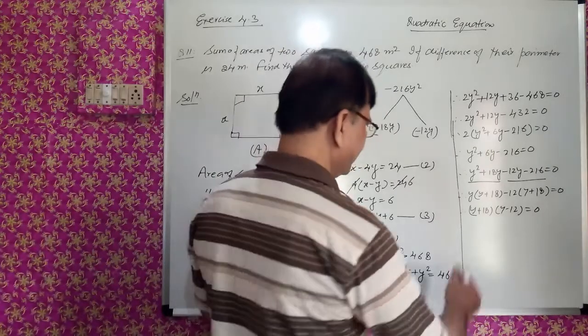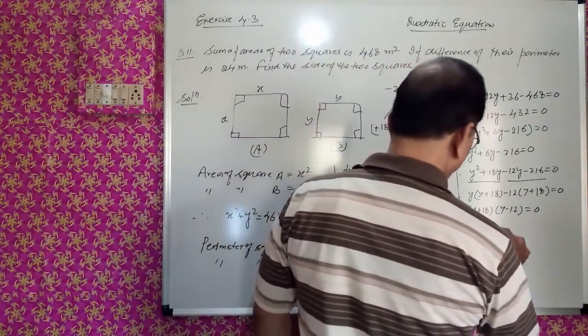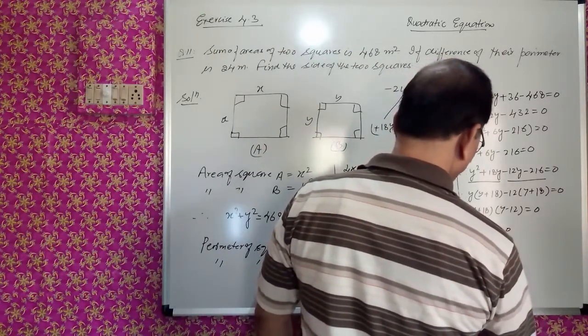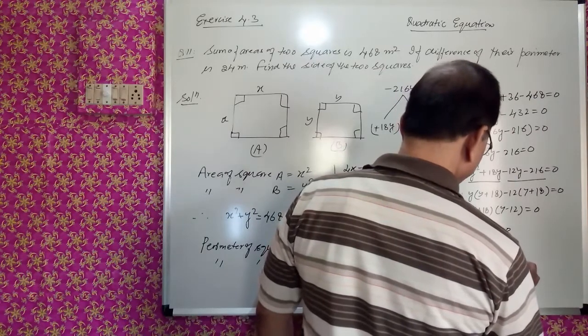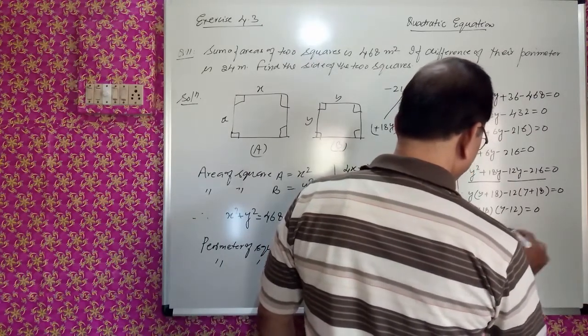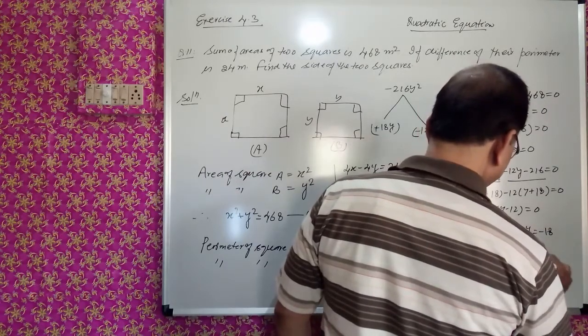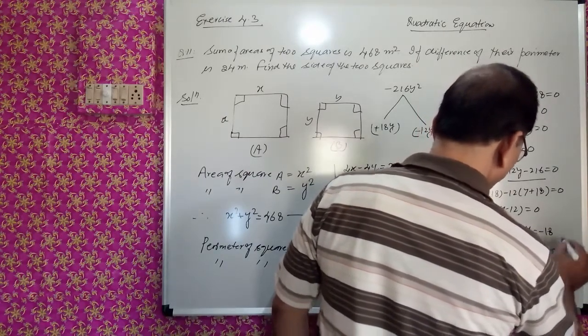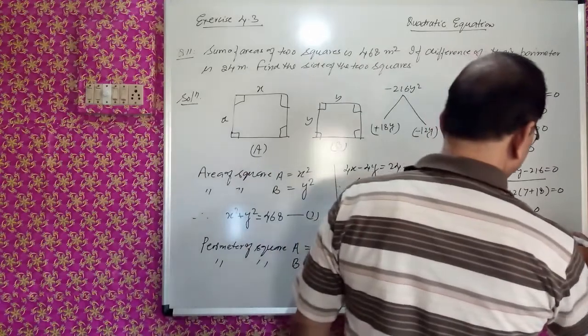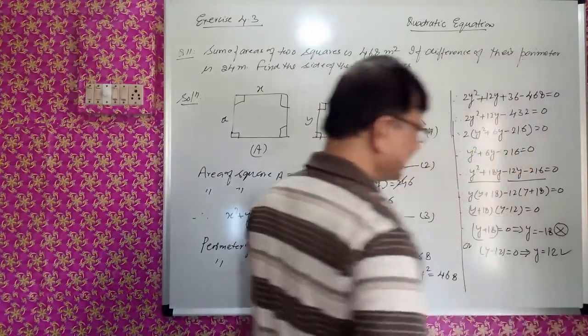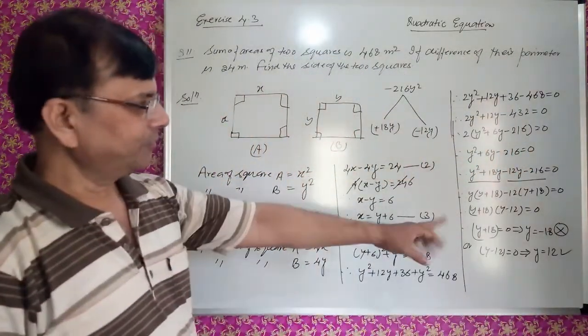The product is 0. Therefore y plus 18 is equal to 0 or y minus 12 is equal to 0. This implies y is equal to minus 18 or y is equal to 12. Minus 18 cannot be the answer because length cannot be negative, so y is 12.